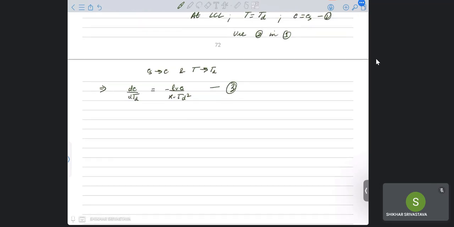Okay. Now, we know that the parcel is undergoing an adiabatic process, following the adiabatic curve.